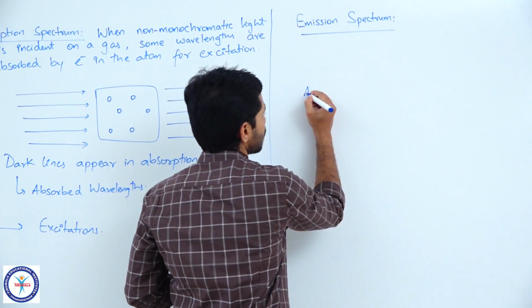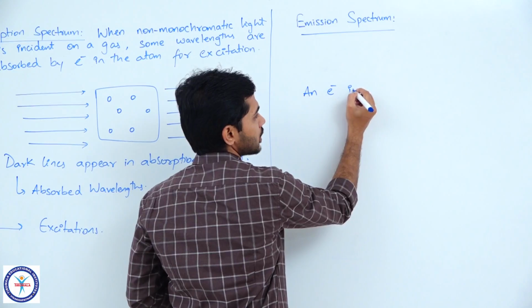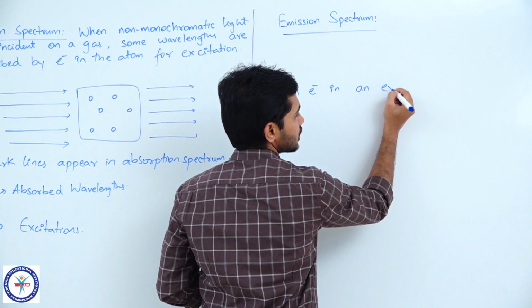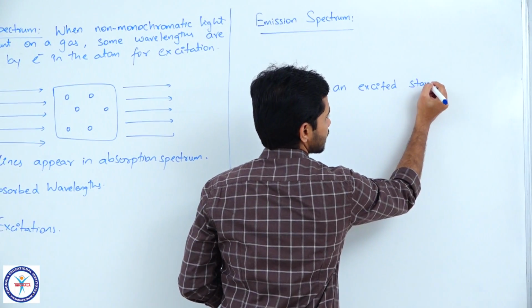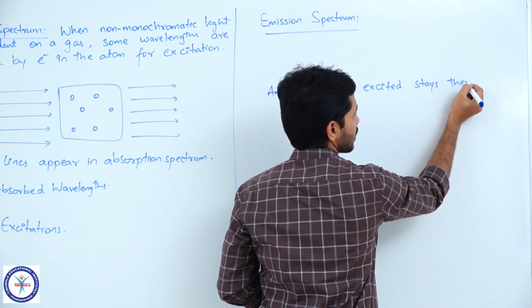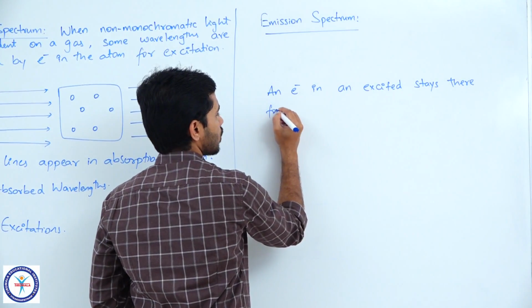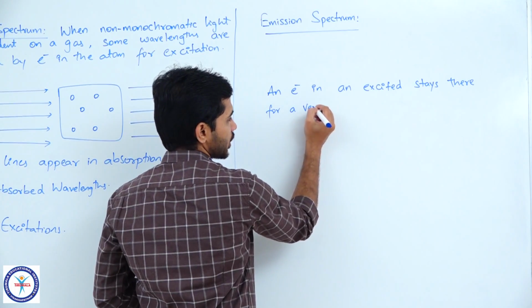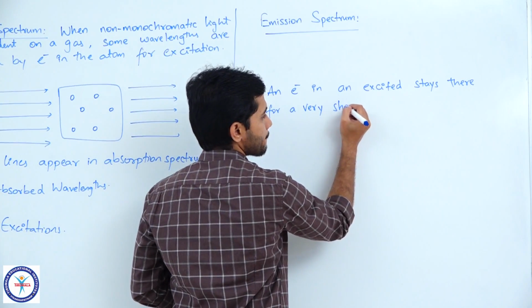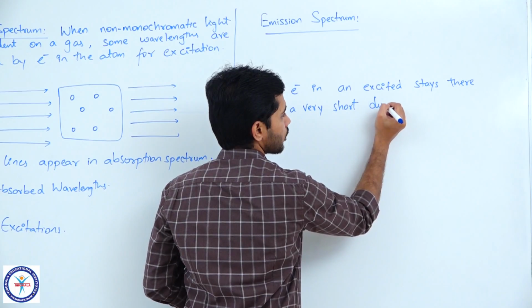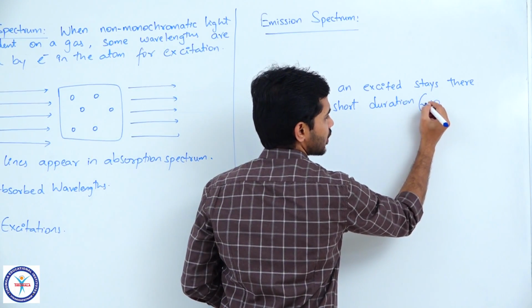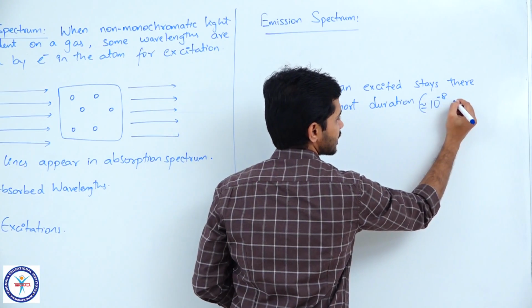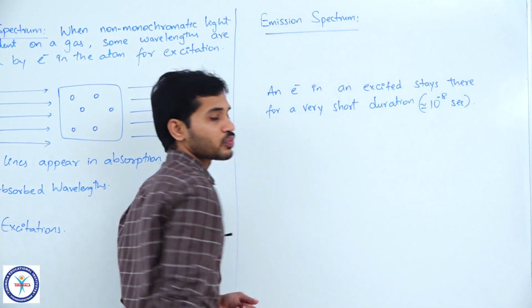So an electron in an excited state stays there for a very short duration, approximately 10 power minus 8 seconds, which is a very, very small time.